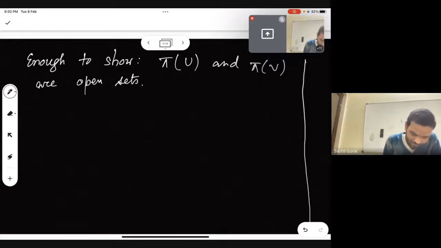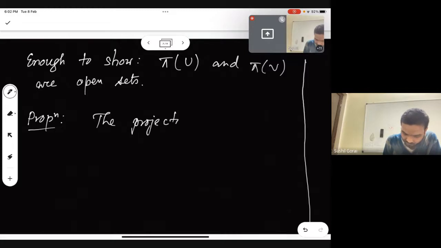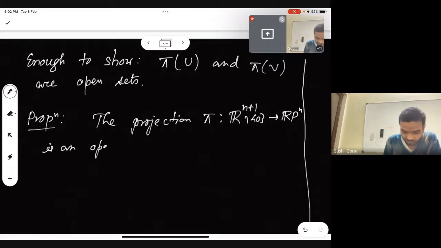But we'll prove a more general one. A proposition: the projection pi from Rn plus 1 minus the origin to RPn is an open map.